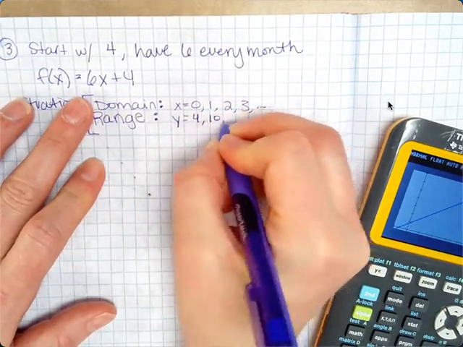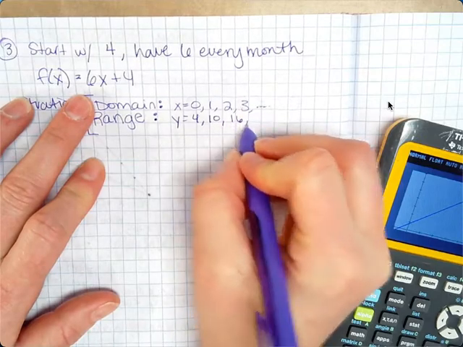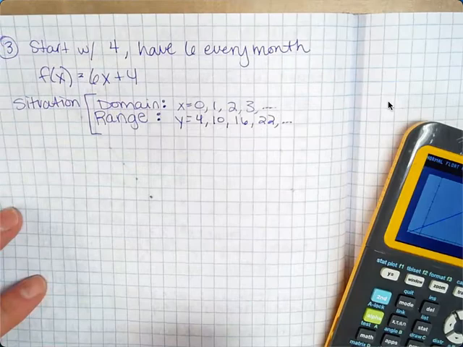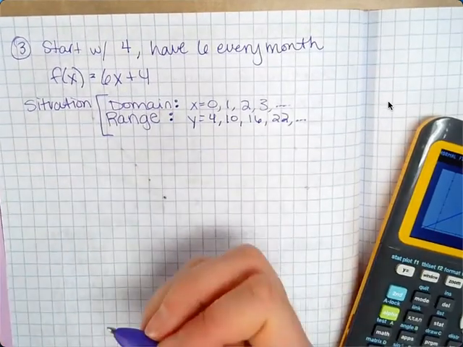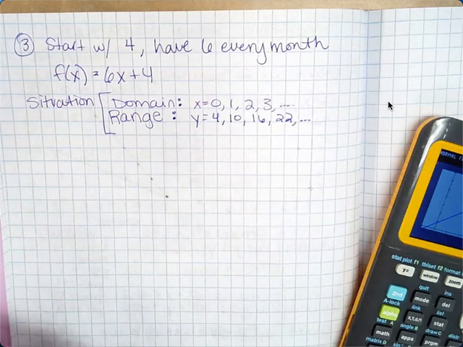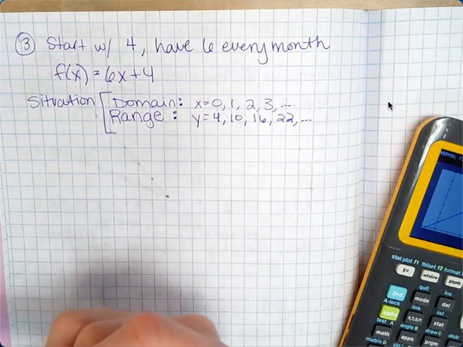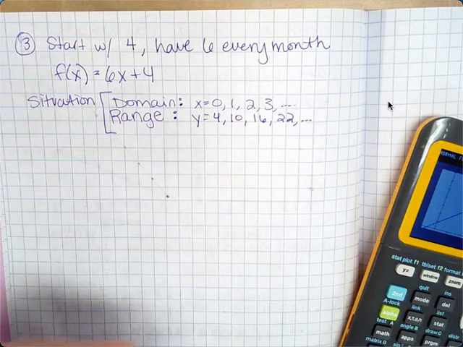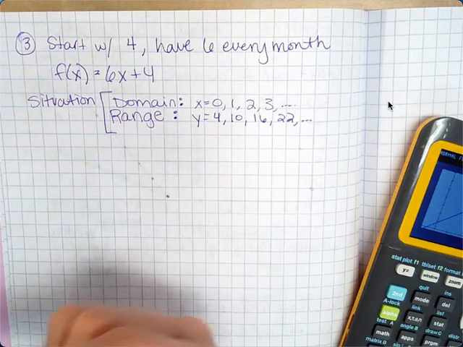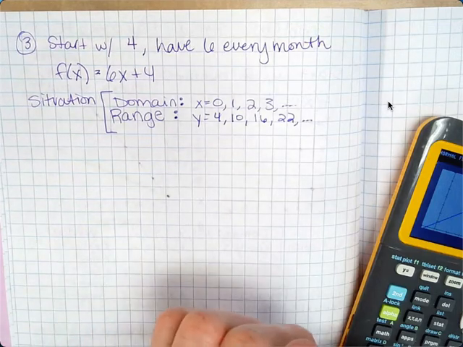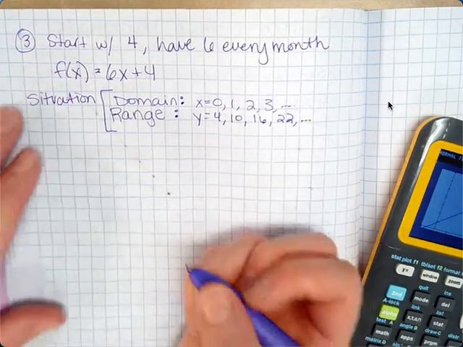So it's going up by 6: 4, 10, 16, 22, and so on. Okay, cool. But for the function, what is going to be the domain and range for the function? Yep, it goes from negative infinity to positive infinity. I'm not going to worry about writing that because it's been the same this whole time.